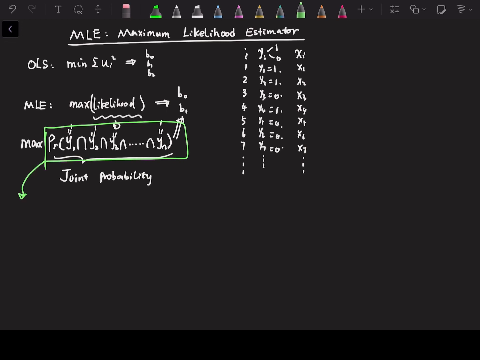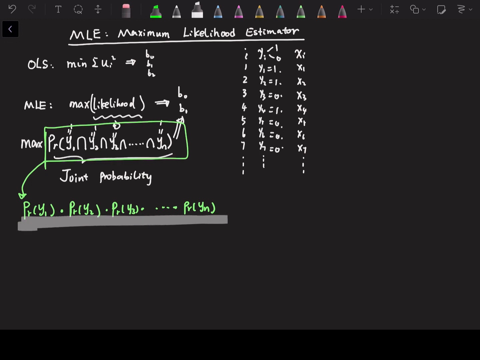Now we can write this as the probability that you observe Y1, times, because it's a joint probability, the multiplication, the probability you observe Y2, because they're independent, so you can write it this way, times the probability you observe Y3, all the way to the probability you observe Y sub n. Because the values of Y are independent, the joint probability can be written this way. This is the likelihood function.